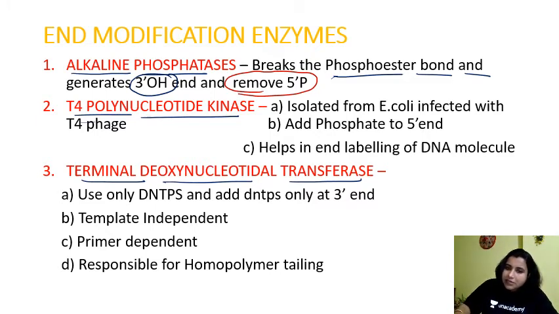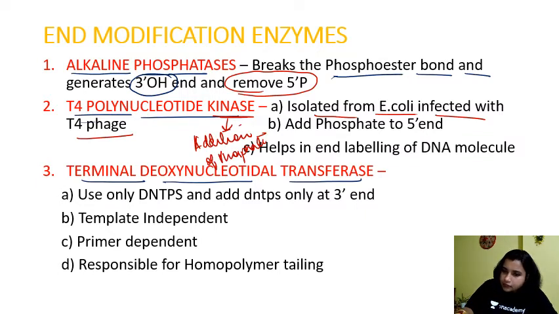Polynucleotide kinase is basically isolated from E. coli infected with T4 phages, right? This is a kinase. Kinase means what? Addition of phosphate. So whenever you see the word kinase, make sure that it stands for addition of phosphate, right?